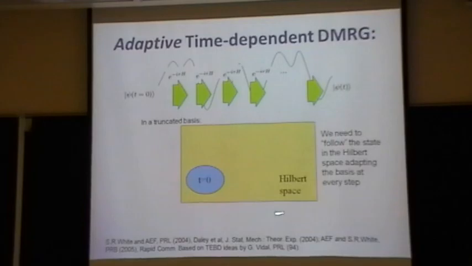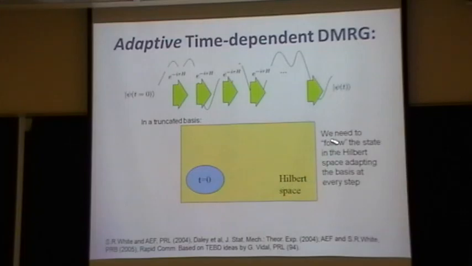So imagine that this yellow box represents your Hilbert space, and this blue box represents the portion of the Hilbert space that you're keeping when you calculate the ground state. Now, what Cazalilla and Marston did was to keep this portion of the Hilbert space to calculate the state at time t.